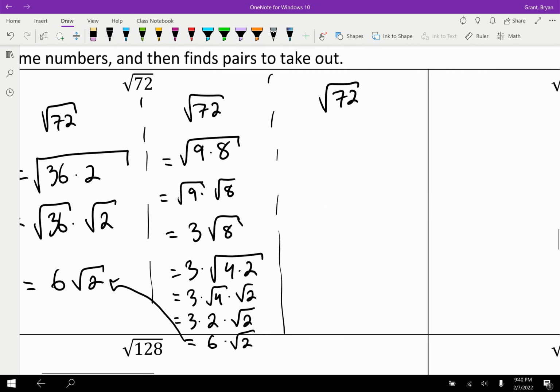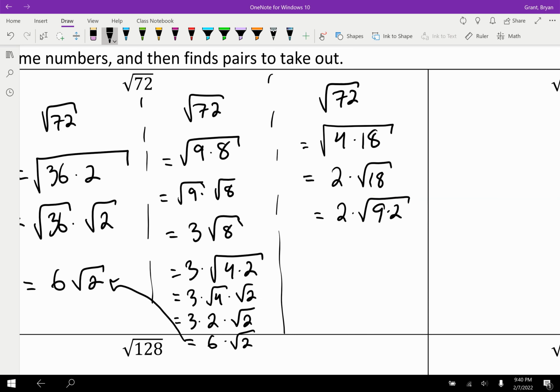Let's try one more. There was another perfect square that went into 72, and I believe that was 4 times 18 is 72. I'm going to skip this step where I split it because I think you can understand what's going to happen here. The square root of 4 is 2, but there's still 18. Is there a perfect square that goes into 18? Yep. Isn't the 18 9 times 2? 9 is a perfect square.